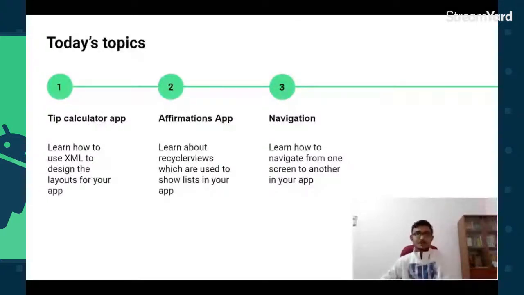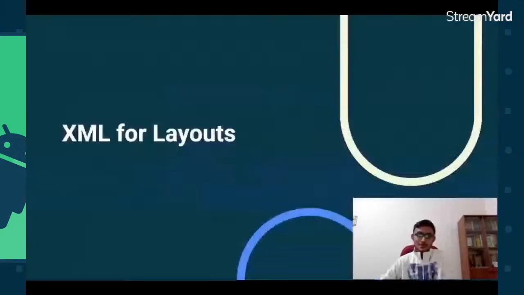We will discuss on that. Then finally, we will move on to navigation, like navigating from one screen to another and different ways of doing that. We will explore that too. So these all are the topics for the day. Without spending more time, let's move on to the first topic for the day, which is XML for layouts.